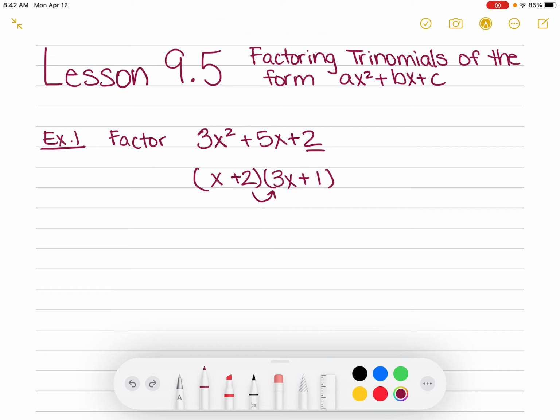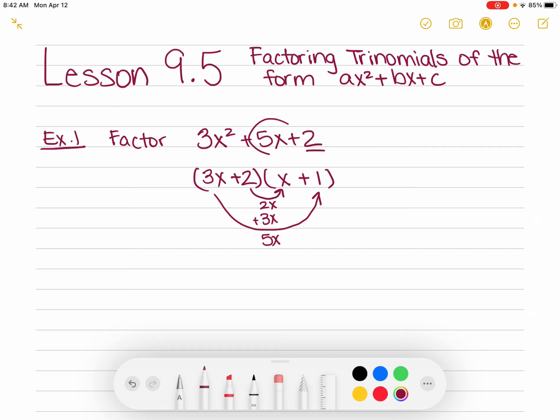So now because I saw that it's not correct, let's switch the 3x and the x. So instead, let's put the 3x here and the x here. Now let's try this multiplication. Now I have 2x here, and when I do this one, I have 3x. So 2x plus 3x is 5x.